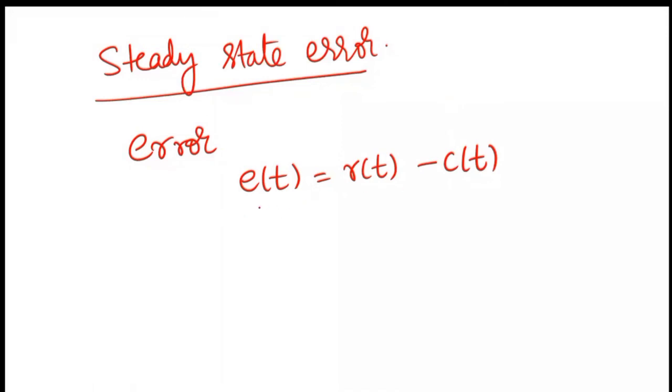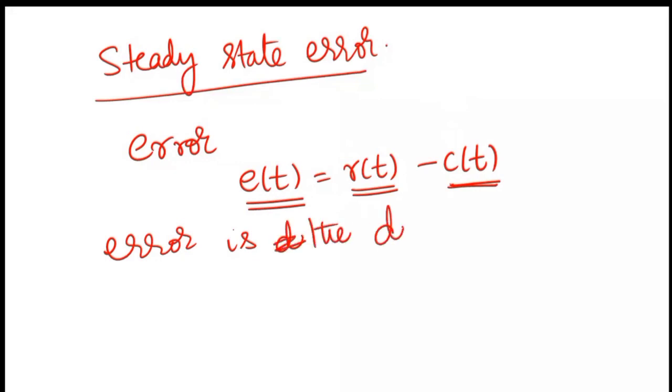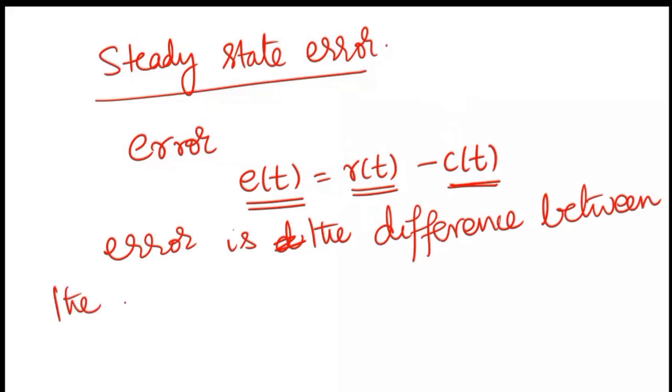So, e of t is the error, r of t is the reference signal and c of t is the output. Then the difference between the reference input and the actual output we got is defined as the error. So here, error is the difference between the reference value and the response.